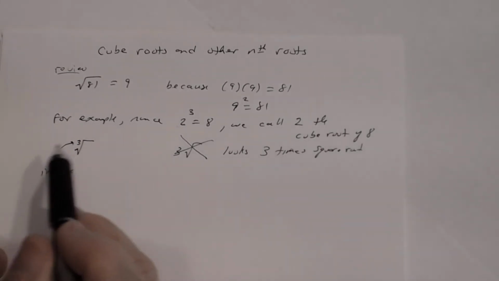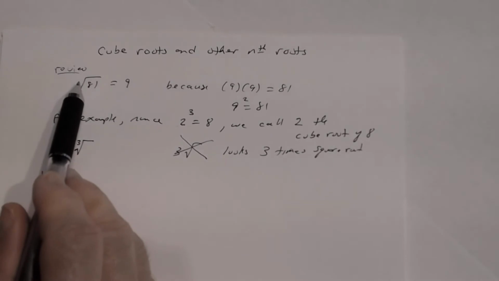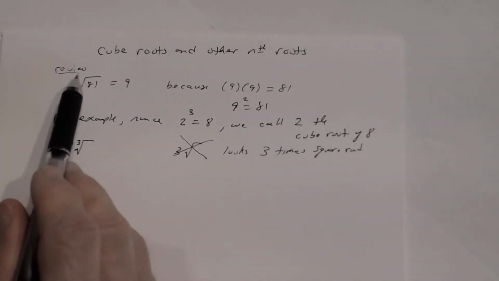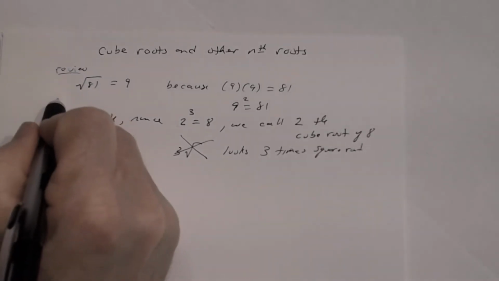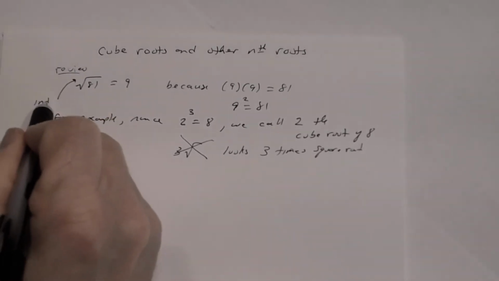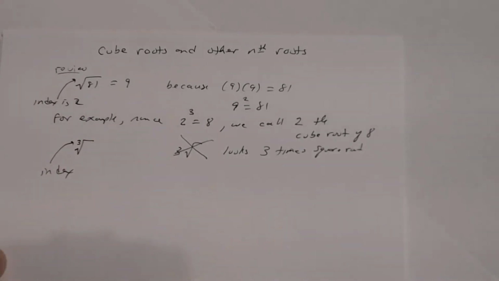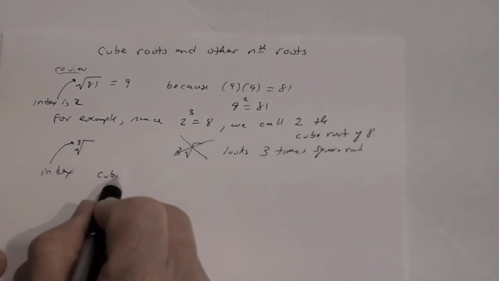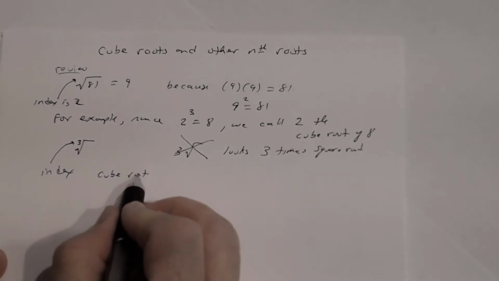Or for an exponent, if I don't see a number, that exponent is understood to be a 1. Now that's not true here. The square root, this is square root. That index, if there's no index there, it's understood to be a 2. The index is 2. So that's why we say square root. Here the index is 3. So we say cube root.